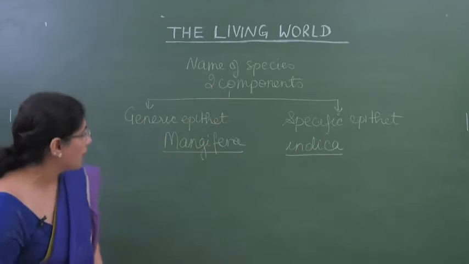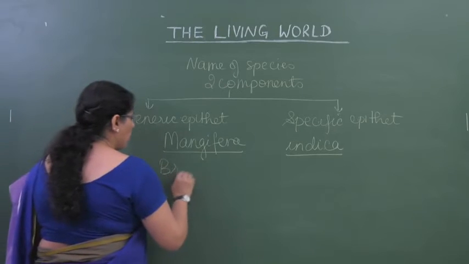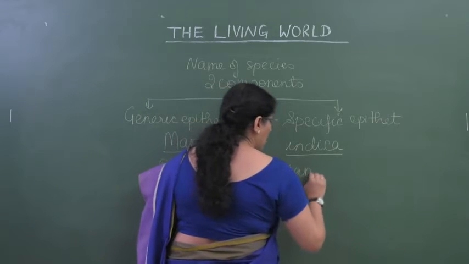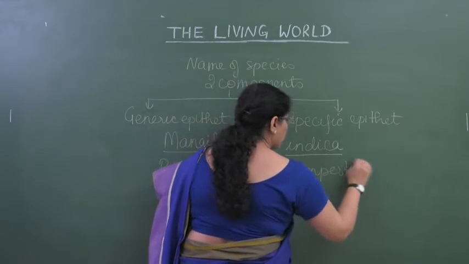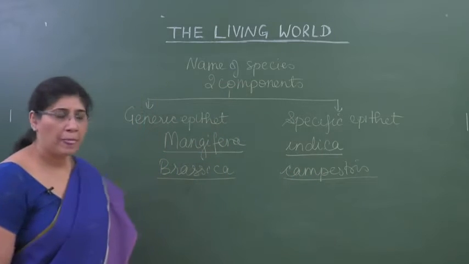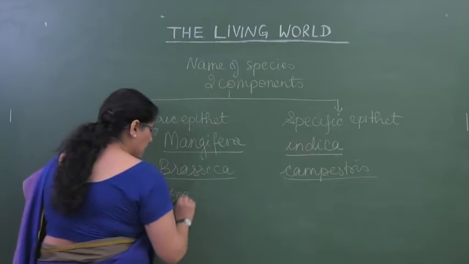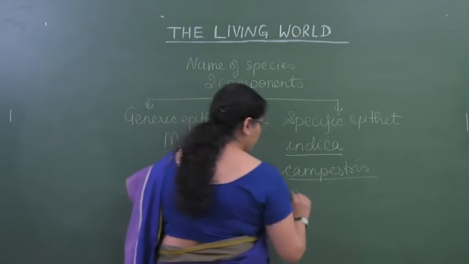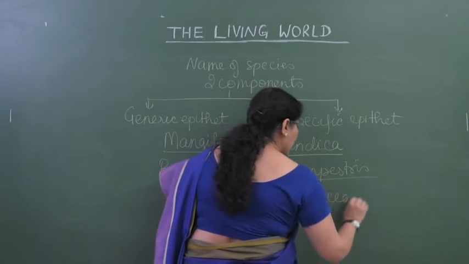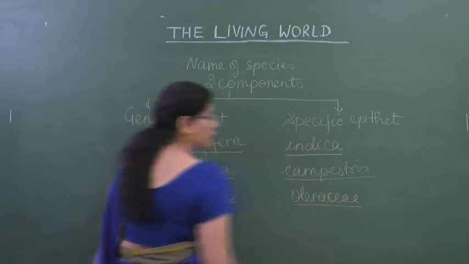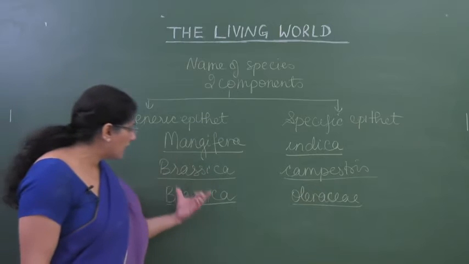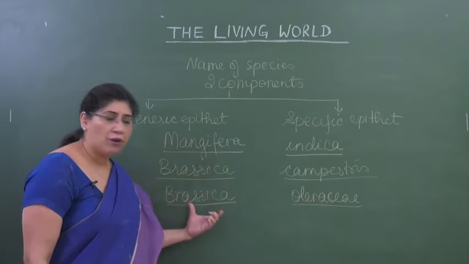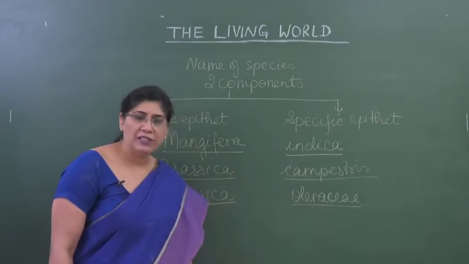Let me take another example which you commonly use. Brassica campestris. This is mustard. To the same genus Brassica, you may now have oleracea. This is cabbage. So Brassica is the genus which may consist of different species.